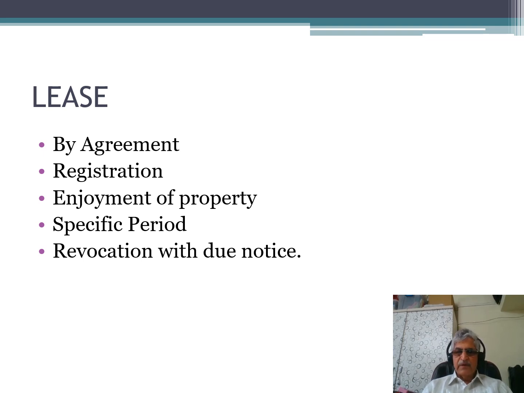If the unexpired period is 30 years, 40 years, and your repayment schedule is 7 years, the bank can very well accept this as a security, because after 7 years the unexpired period still remains more than 20 years. So the bank can have another resort to lease out that property to some other person and recover the amount.